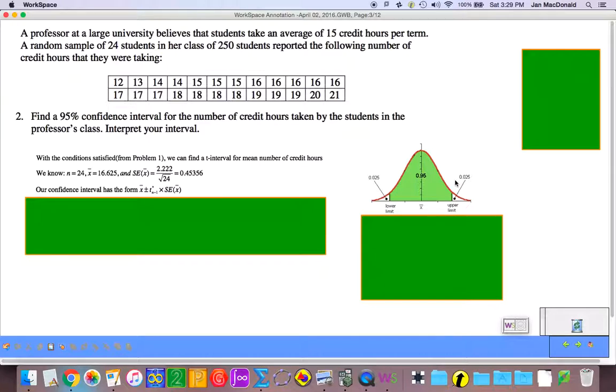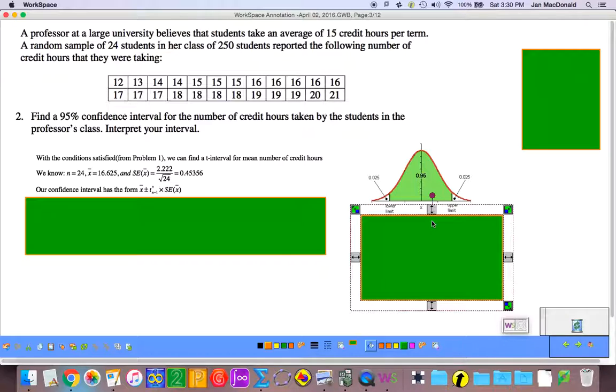From here, it would be 95% plus this additional 2.5%. So the total area under the curve, if this is our critical t value, would be 95 plus 2.5, or 97.5% of the curve covered for this critical t value.